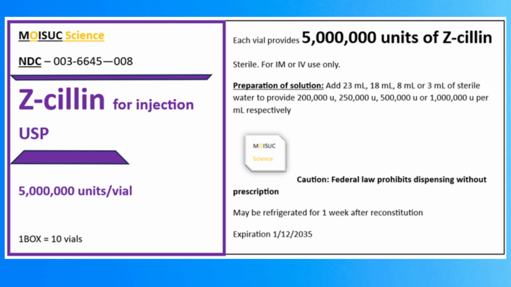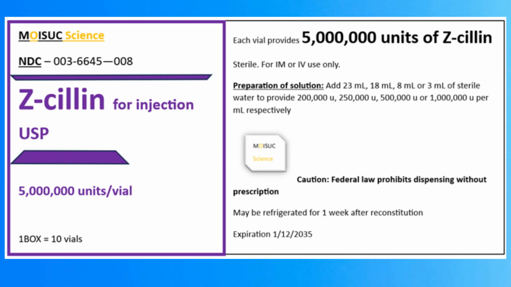Next, we keep reading to see that it is for IM or IV use only. And this is appropriate for our order because our order is intramuscularly. Preparation of solution, add 23 milliliters, 18 milliliters, 8 milliliters, or 3 milliliters of sterile water to provide 200,000 units, 250,000 units, 500,000 units, or 1 million units per milliliter respectively.